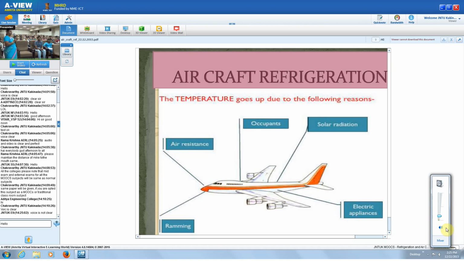Here, for maintaining the required comfortable temperature, that is 22 degrees centigrade, and for food preservation and all those, minus 5 degrees centigrade is required. So for that, whatever heat is added should be removed.